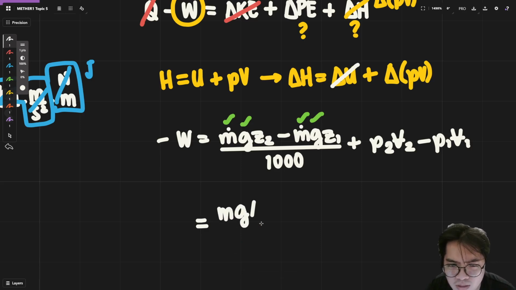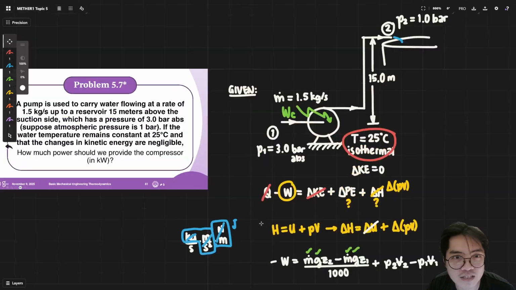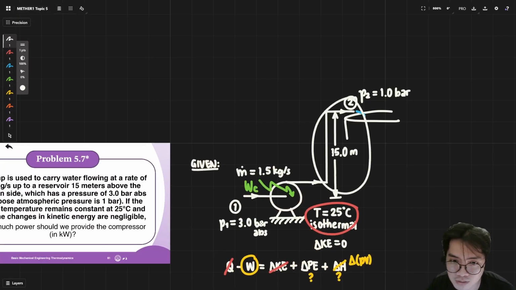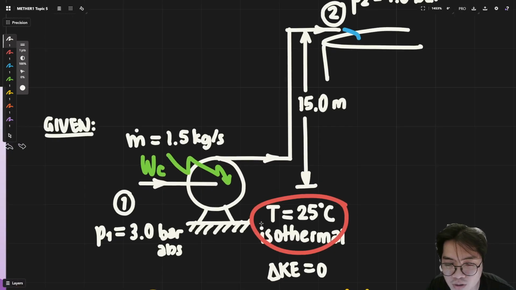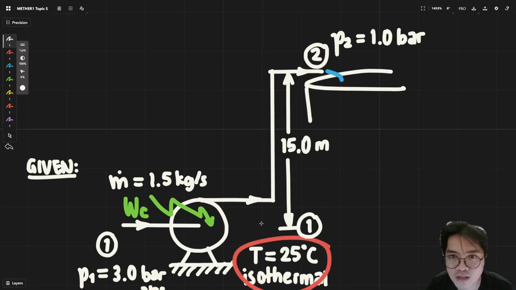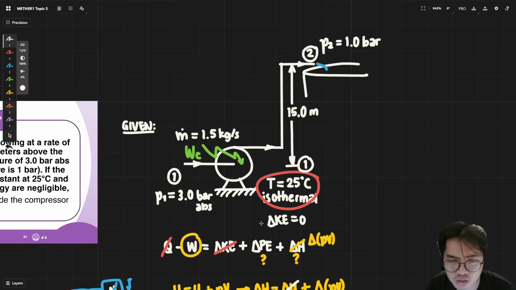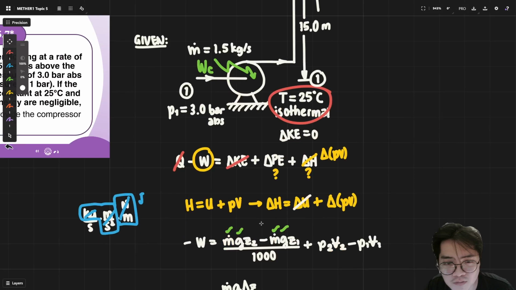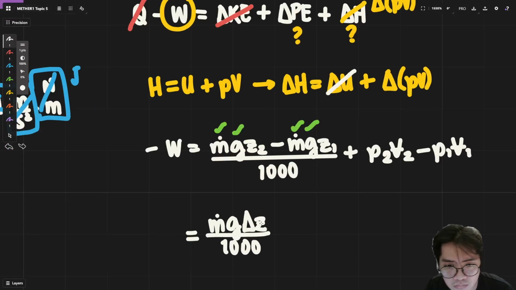I know the difference in elevation of Z2 and Z1. That is your 15 meters. Right? Notice that in this case, your state 1 in here, or rather your state 2 is 15 meters taller than your state 1. That means that your Z2 minus your Z1, the difference between them is 15 meters. So I know all of the values in here.